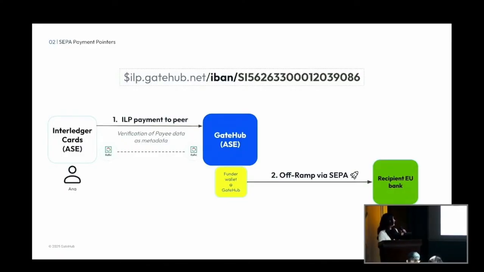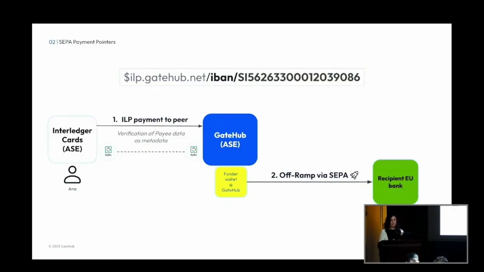So Interledger Cards sends us additional metadata, which includes the legal name of the recipient and the recipient type, whether this is a corporate or private entity, right? This is to allow the recipient bank to confirm whether the owner of this IBAN matches the legal name that the sender is aware of. This was the only additional implementation step that the sender ASE had to do. Otherwise, this all behaves as a normal ILP payment.